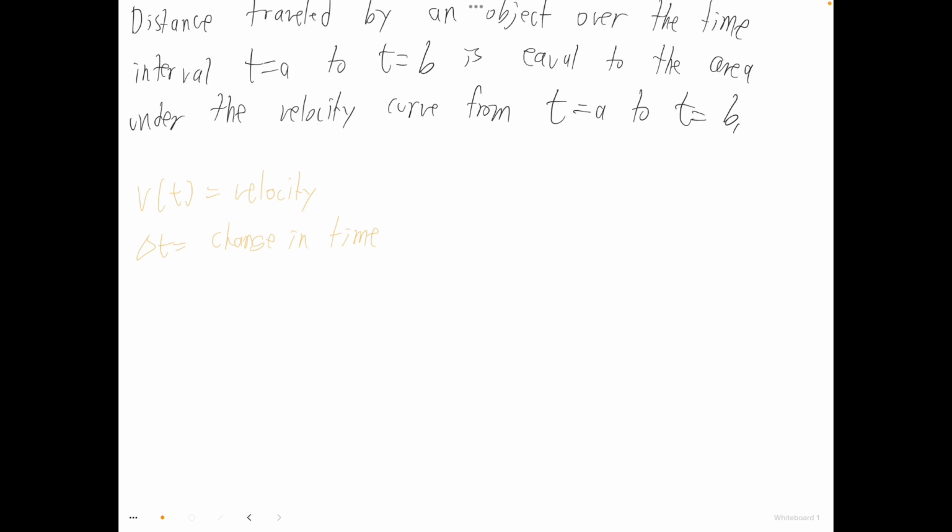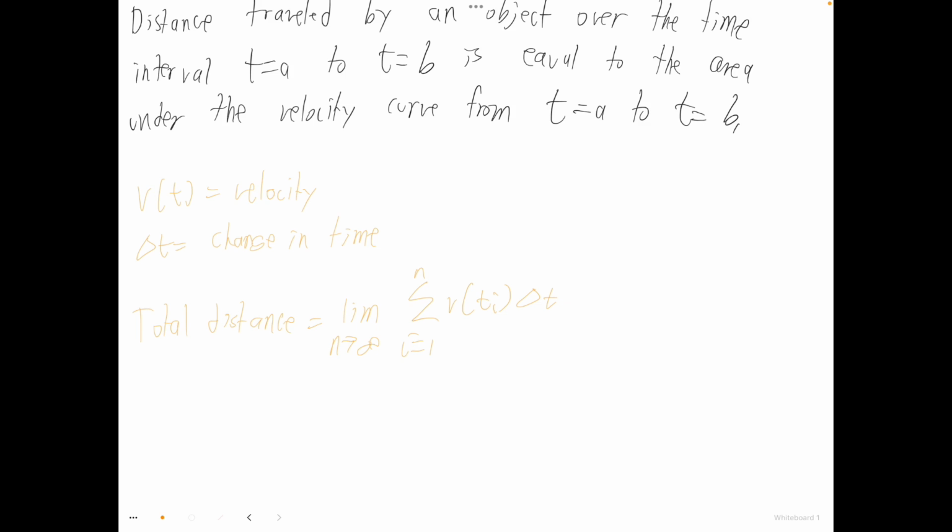What we have then is that the total distance is equal to the limit as n goes to infinity of the sum from i equals 1 to n of the velocity function at t sub i times delta t. I'm just using t's instead of x's here. But this is just our area formula from before.